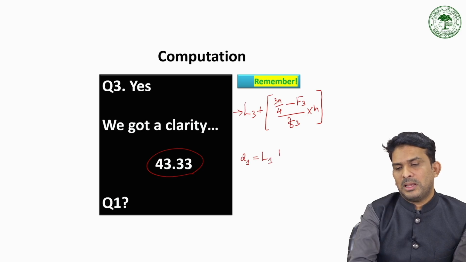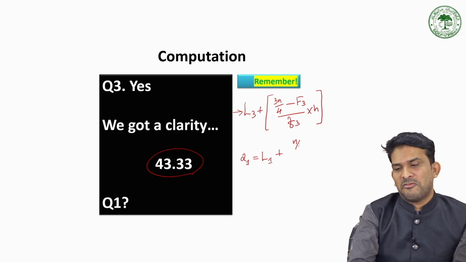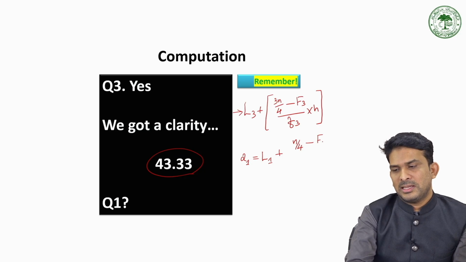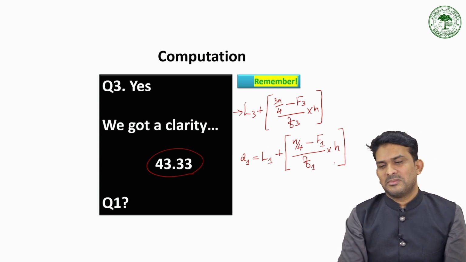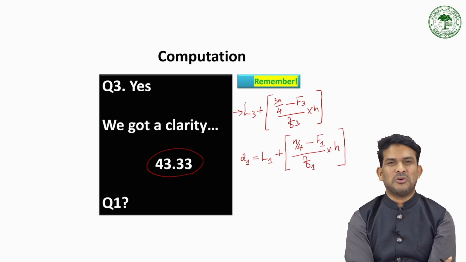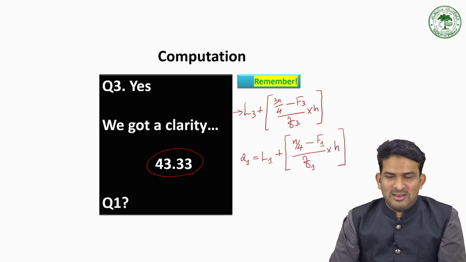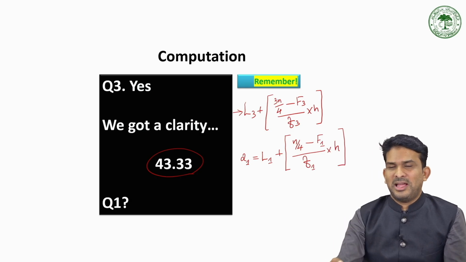L1 plus first quartile, that is 1/4 of n, 1 by 4n, that is n by 4, minus capital F1 upon small f1 into h, where h is class interval. Clear? This is the equation for Q1. So we have mentioned L1, n by 4, F1, small f1 and h.